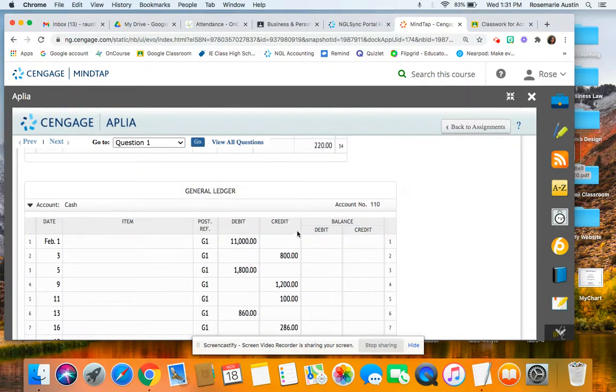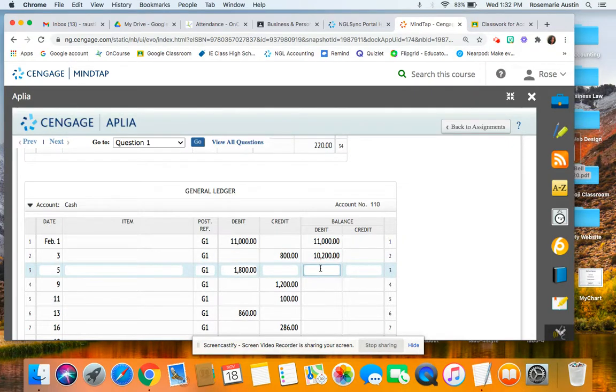We're going to figure out the balance now. The first debit that we have is just going to carry over to the balance column, so you have an $11,000 debit to start. Let me grab my calculator. The first one's easy to figure out. 11,000 debit minus 800, so you have a $10,200 debit.